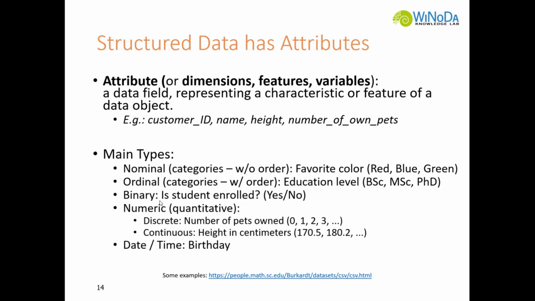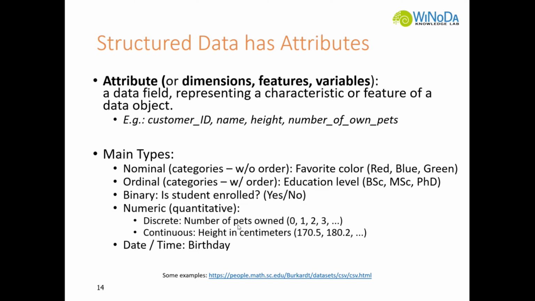There's something called a binary variable, which is also self-explanatory. It's usually yes, no, on, off. So only two states that the variable can take. Then there's numeric, which is also quite clear what that is. So quantitative information could be discrete, which is basically there is a, not necessarily limited number, but at least countable many.